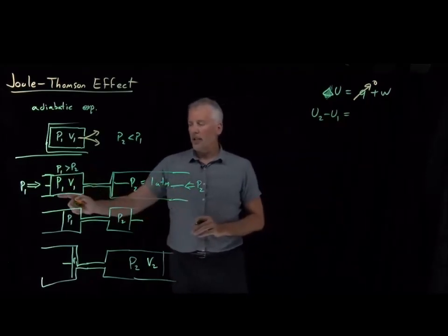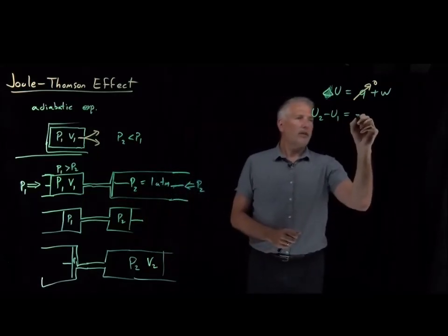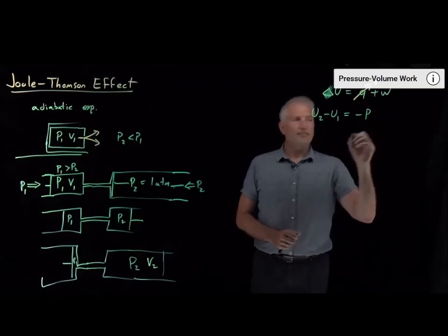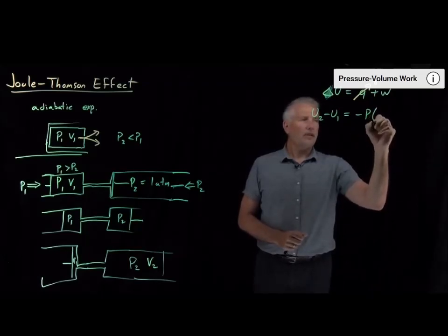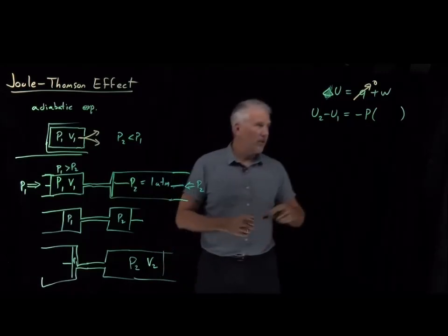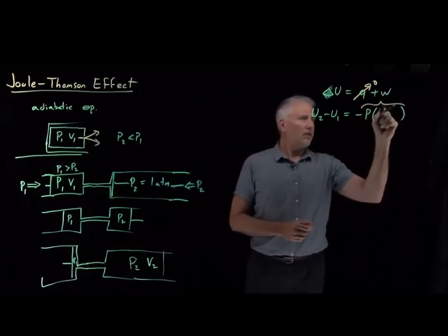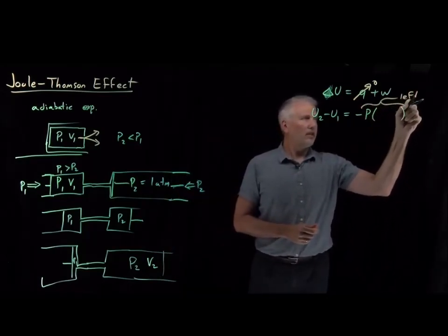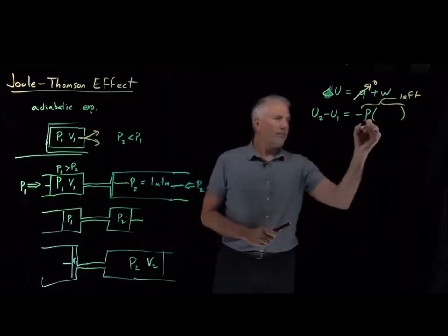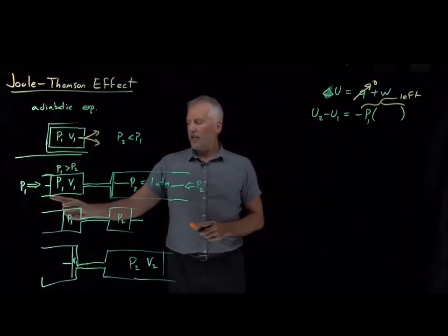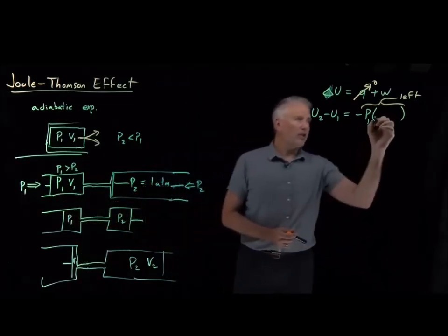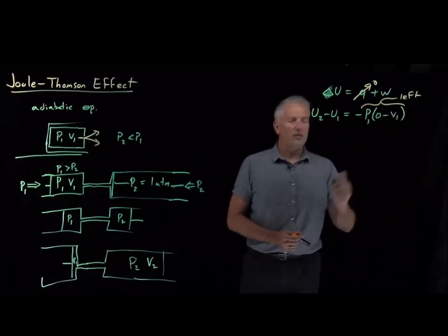The work on the left, work is always minus P times dV, or delta V. On the left, so let's mark these on the left side, the external pressure was P1. The change in volume, I went from a volume V1 down to a volume of V0. So the change in volume was final volume minus initial volume.